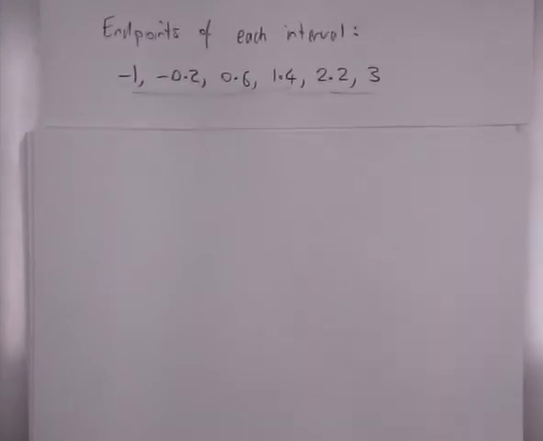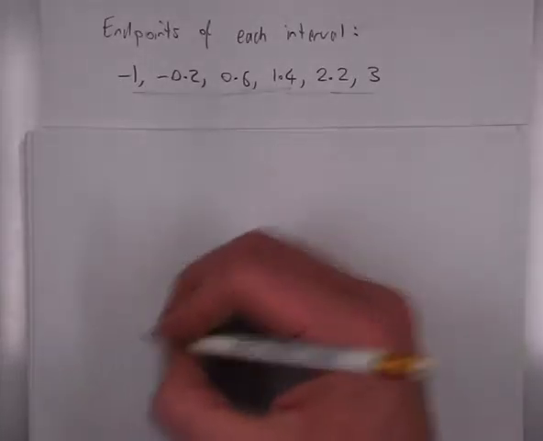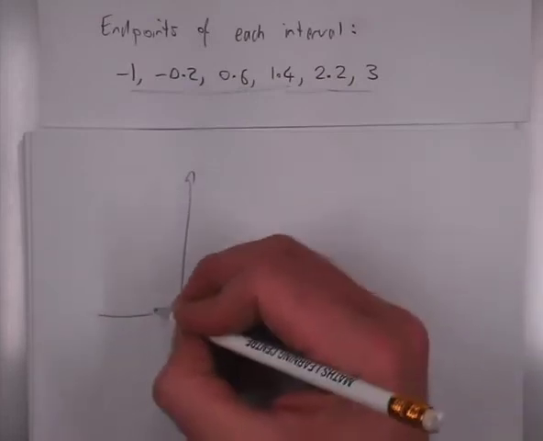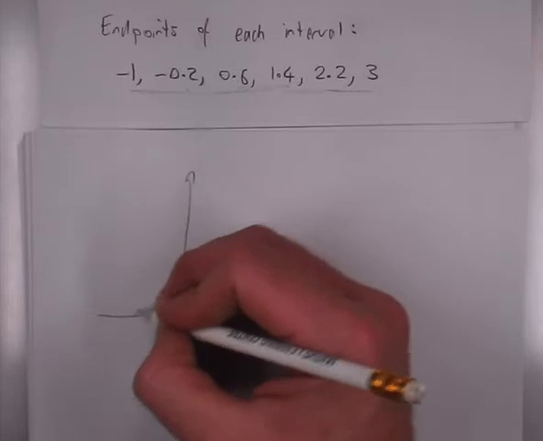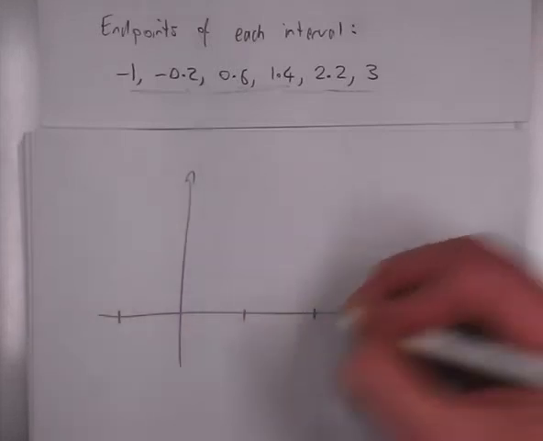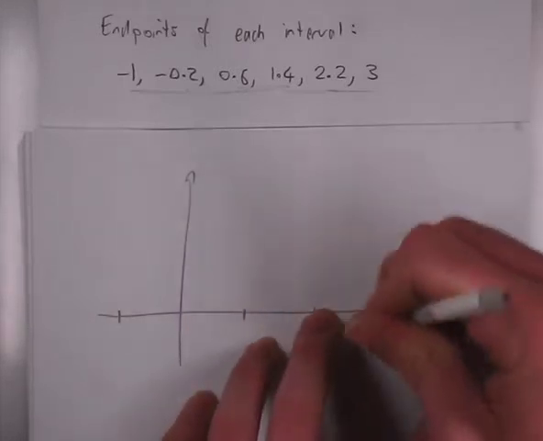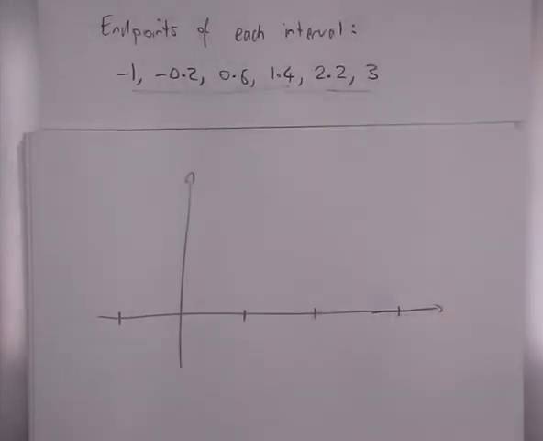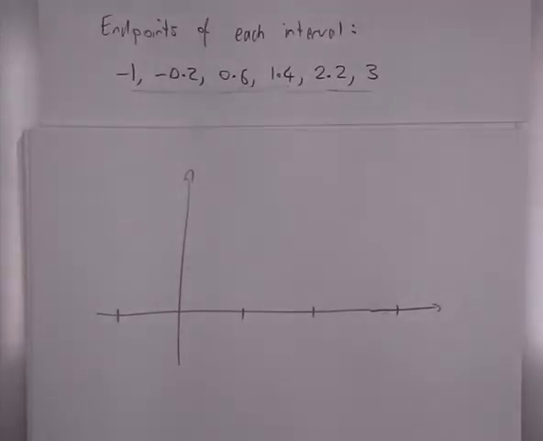Okay. At some point, I have to draw a quick sketch of my function so that I know what's going on with it. Let's have a bit more space. Okay, and I've been told that my function is a cubic. Its turning points are at 0 and 2. Okay.